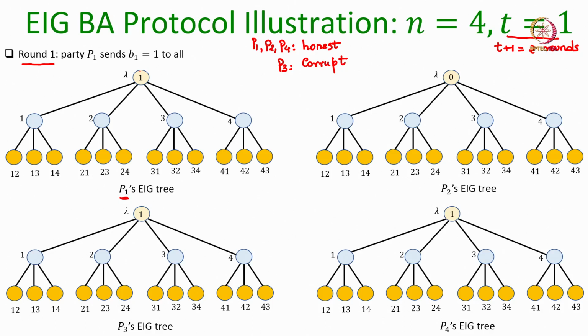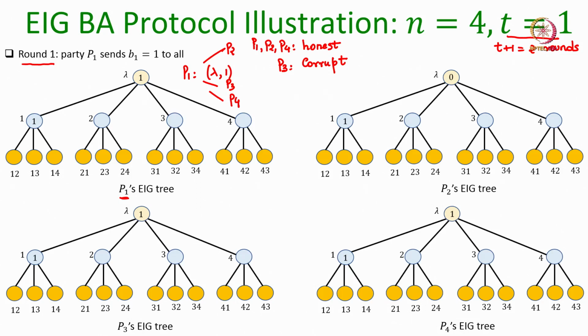As per the EIG protocol, it is supposed to send the value of its root node to everyone else, and since P1 is honest, it will do it as per the protocol instructions. So, P1 will send the message that the node with label lambda has the value 1, and this it will send to P2, to P3, and to P4 simultaneously. Remember, we have a channel between every pair of parties.